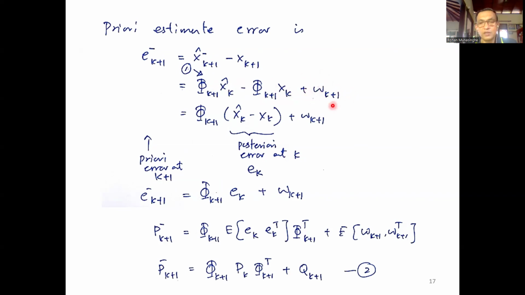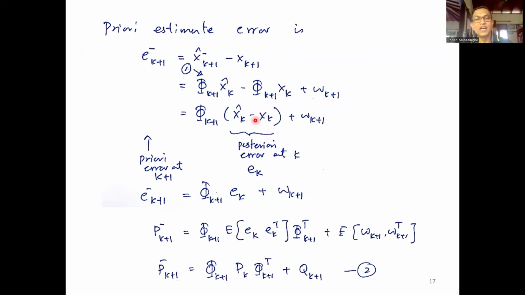Plus you add the process error, unmodeled dynamics or disturbance, whatever it is. Remember, we assume here this W to be Gaussian distributed noise. Then you get the state transition matrix out, and you generate x hat k minus xk. Now, this looks like t, but this is actually k.